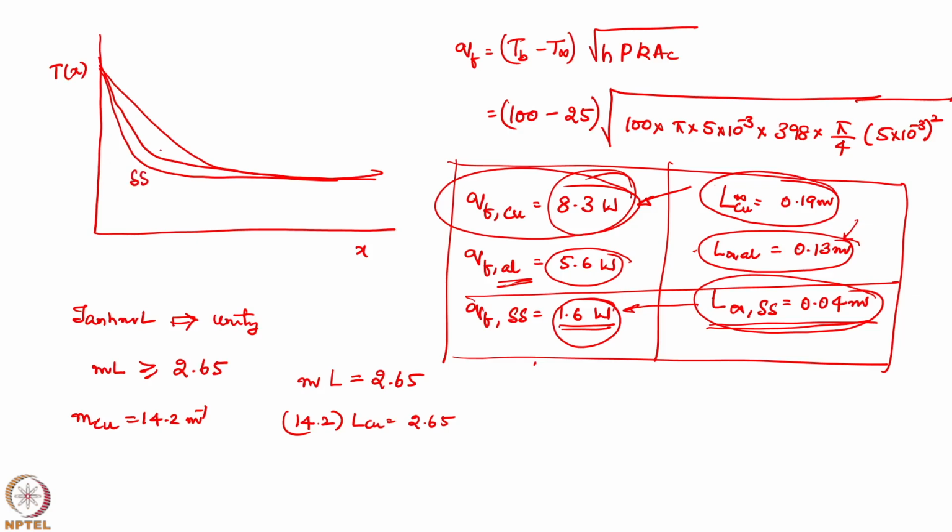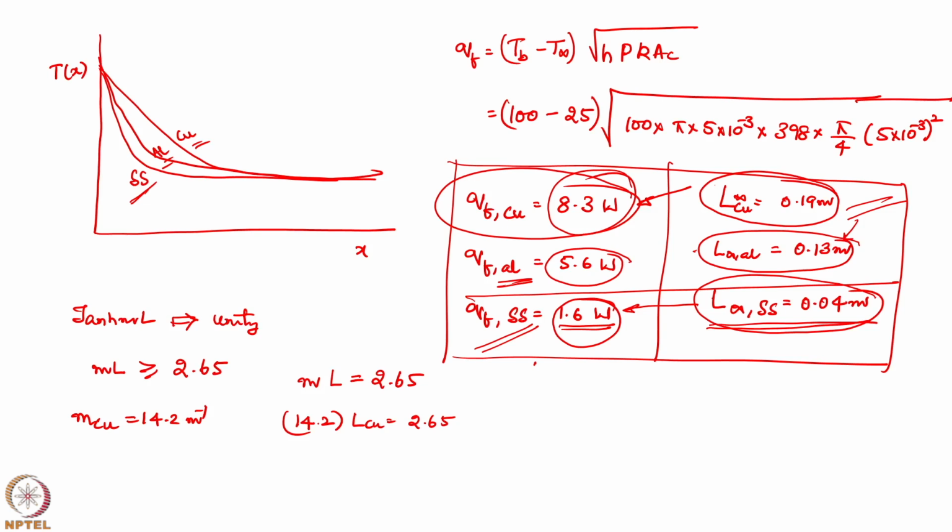This is SS, this is aluminum, this is copper. You would have been at a loss whether to choose SS or aluminum or copper. Because we know the Q fin and we know the length, now we are confident of choosing what should be the length and how much heat it will dissipate for a given application.